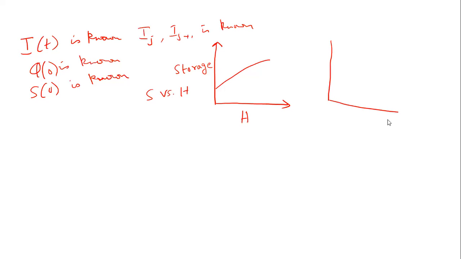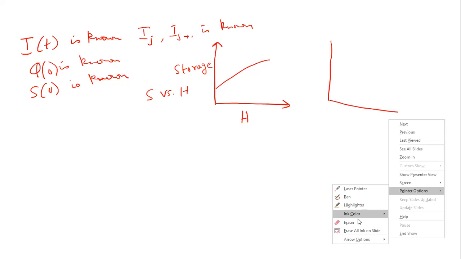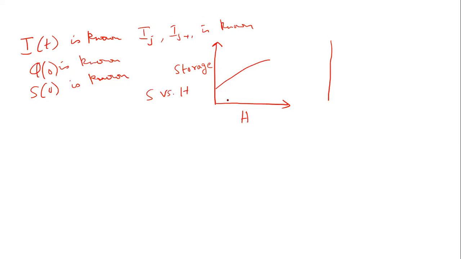Is there something that we know? Suppose I put Q on the y-axis. Do we know something that we can correlate Q with? Any other parameter that we can correlate Q with that we already know?